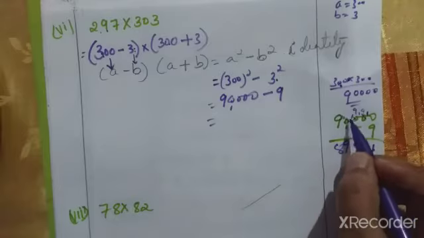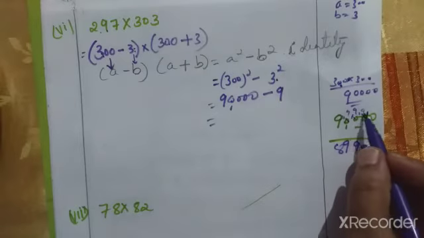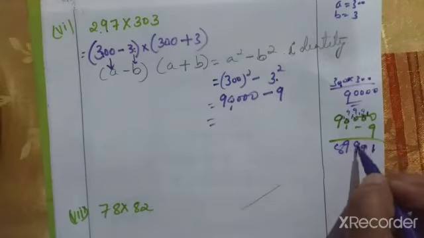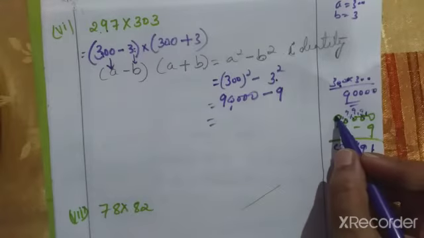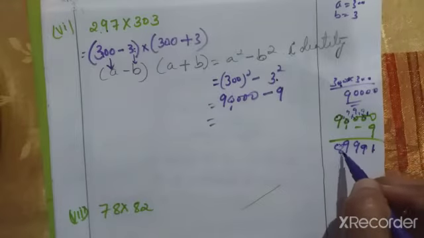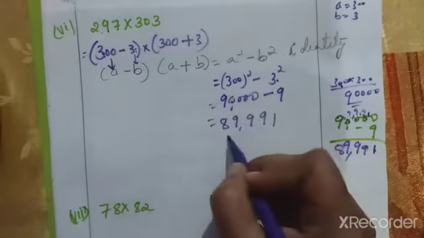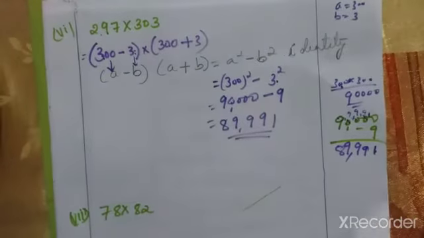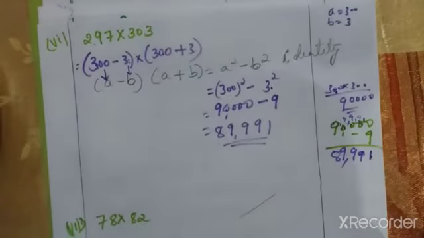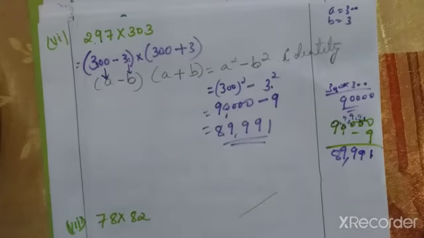Here also 9, here also 9, because he gave 1 to his friends. So the 9 becomes 8. The answer is 89,991. You can take a screenshot here, children.